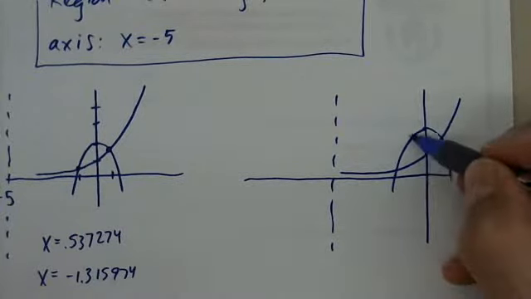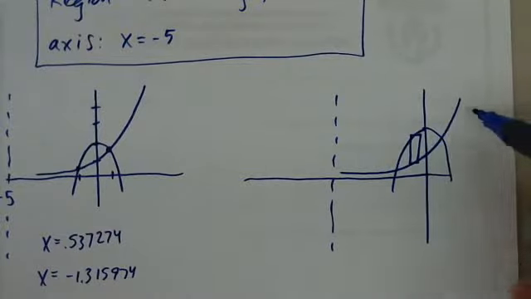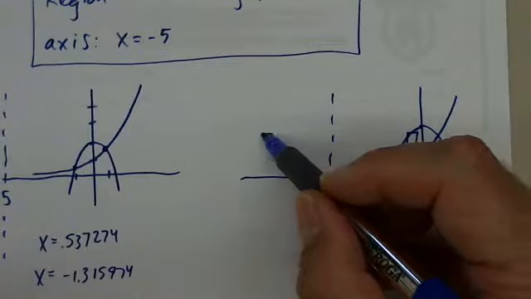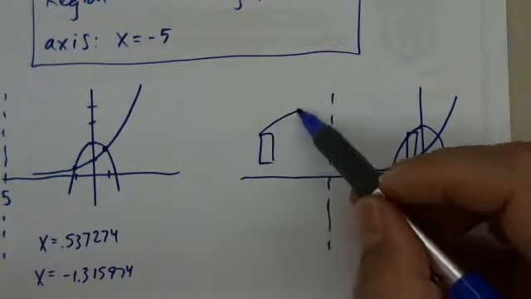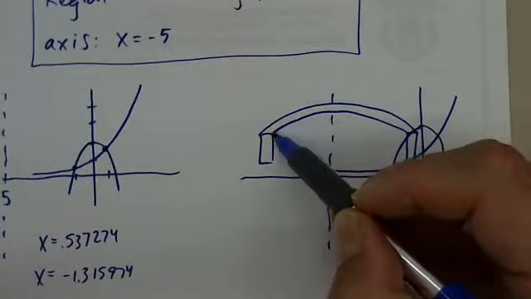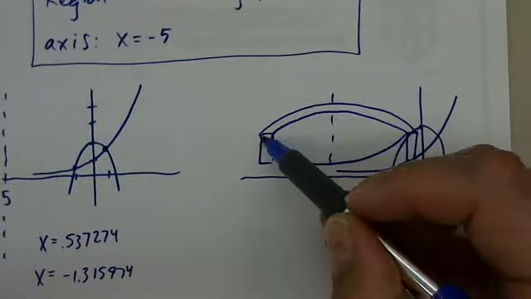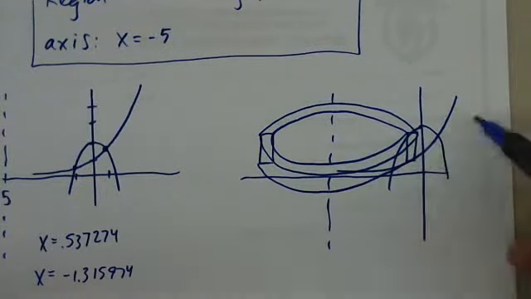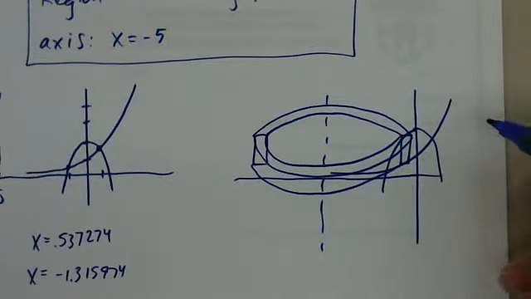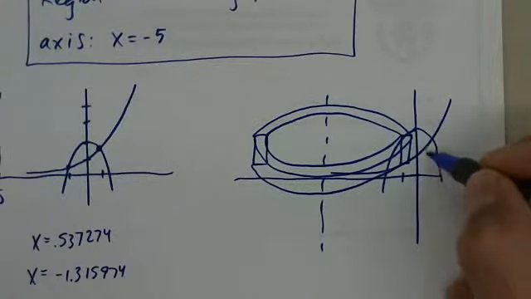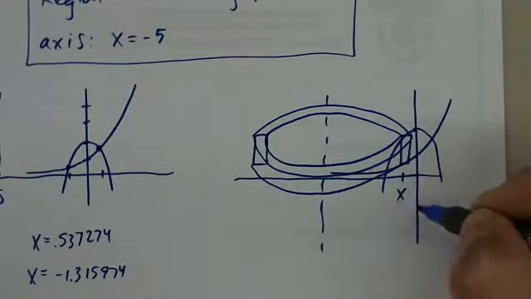All right, so we have a rectangle and we can reflect it over here. And in the interval, we'll choose an x value.